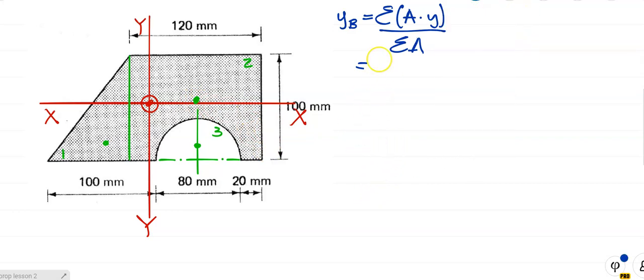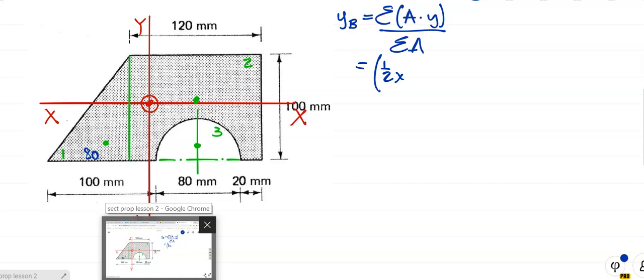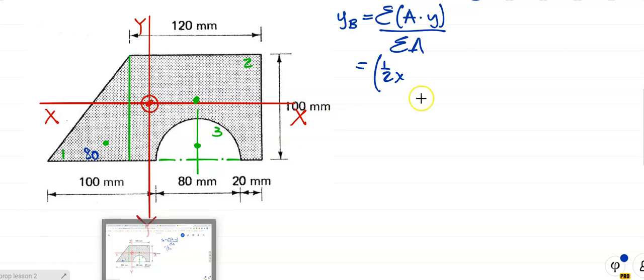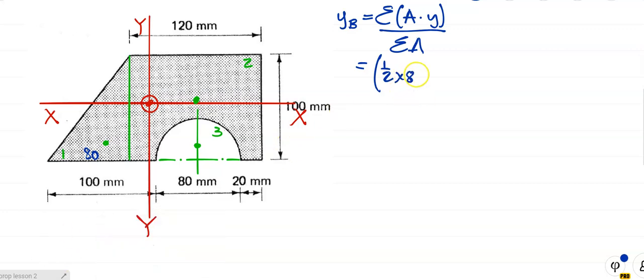Let's do this. Element 1, triangle: half base times height. Sorry, I forgot the dimension for that, which I should have done immediately. If that's 120, that's 200 minus, so the base of the triangle is 80. So the dimensions of my triangle are 100 by 80. So it's half base times height multiplied by y. What's y?